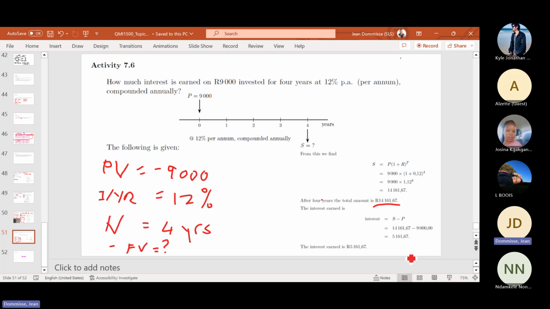And again, interest if we needed to work it out. Okay, again, your interest will then just be the 14,161 minus what you started off with.